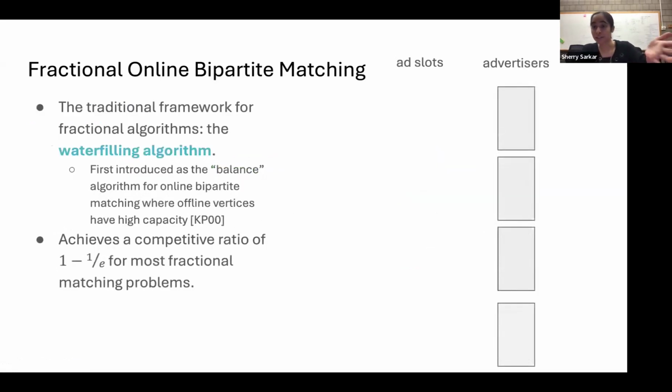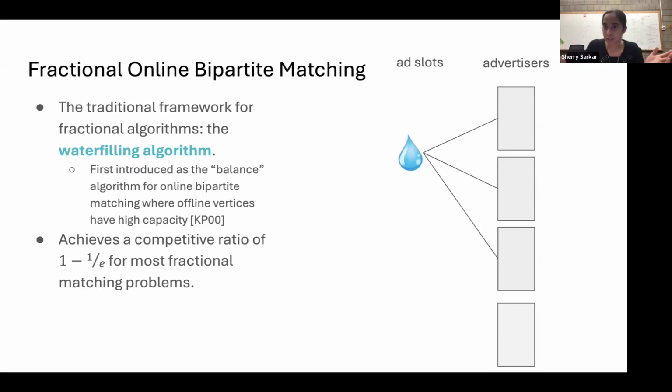And I will give you a great algorithm for fractional online bipartite matching called water filling. And it turns out this algorithm is actually optimal. In the water filling algorithm, the setup is as follows. We're going to think of every incoming vertex as a unit of water, and we're going to think of every advertiser as an initially empty bucket of water.